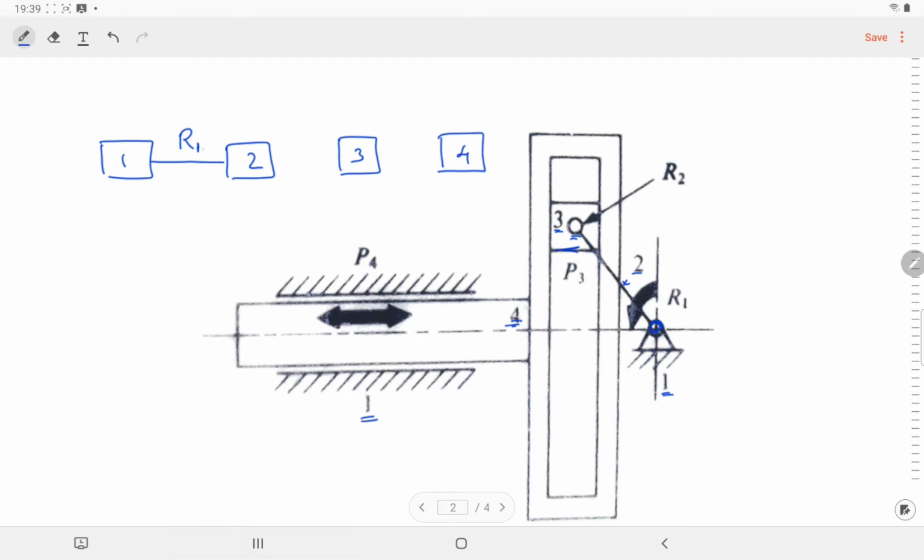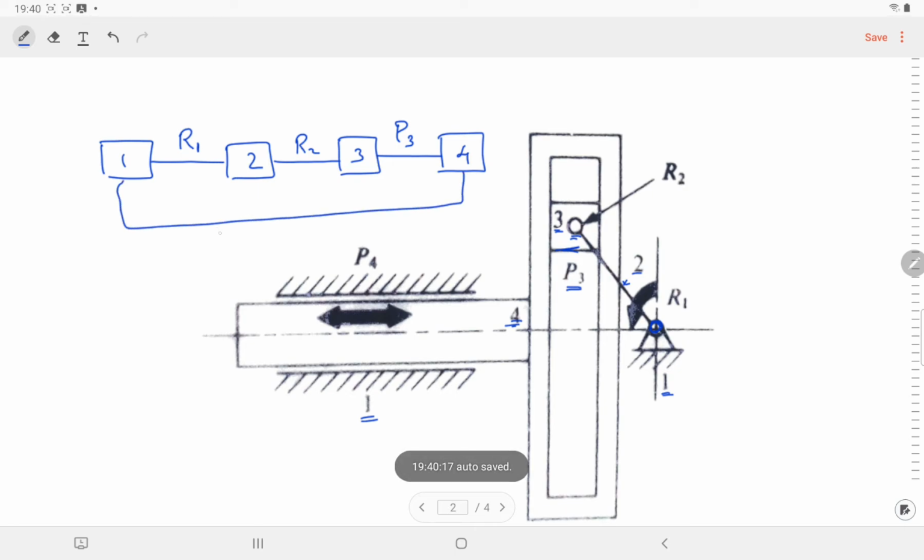The first revolute pair, let's call R1, and links 2 and 3 are connected once again using a revolute pair, so let's call it R2. Links 3 and 4 are connected using a prismatic pair, so let's call it P3, because here they have denoted it like this, and links 4 and 1 are connected once again using a prismatic pair, so we'll call that P4.